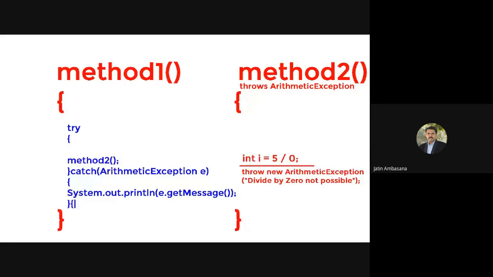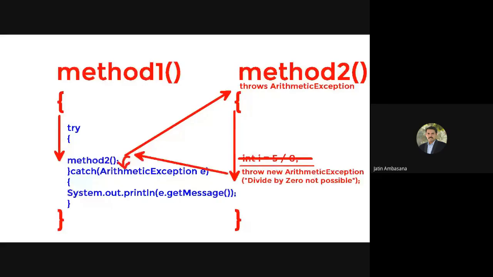So what happens? Control comes over here, executes method 1, and from here goes to method 2. Here it sees the explicit throw, comes back over here and is caught over here, and then this executes. So there is no issue at all.